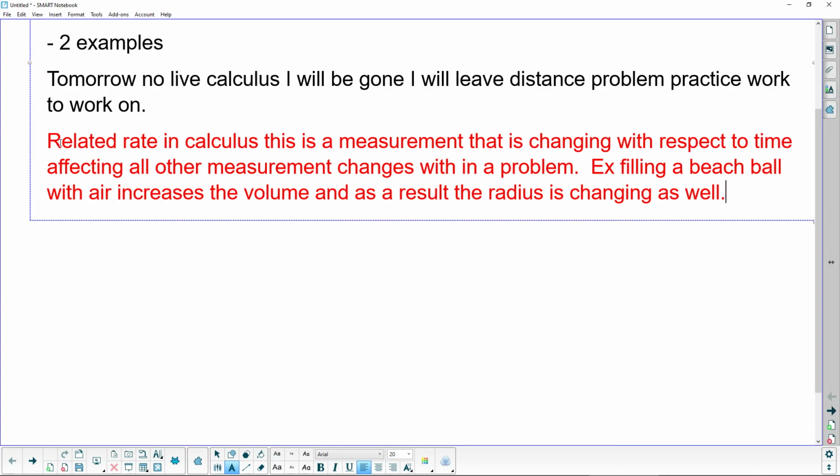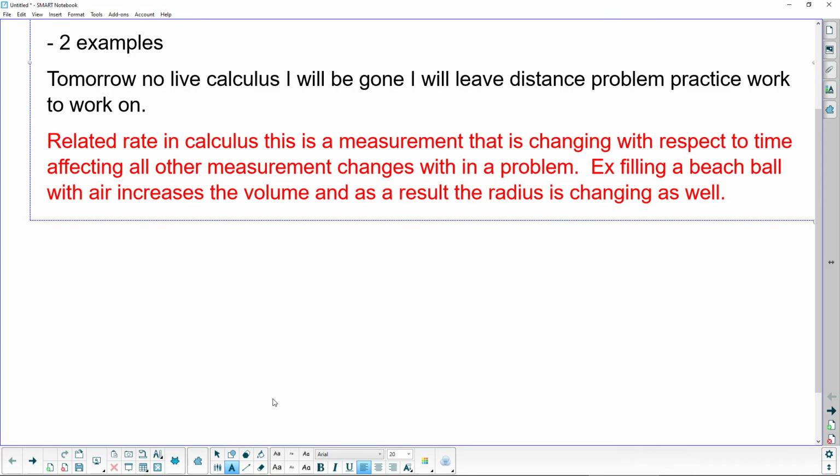Okay, when we talk about related rates in calculus, we're talking about something changing with respect to time.